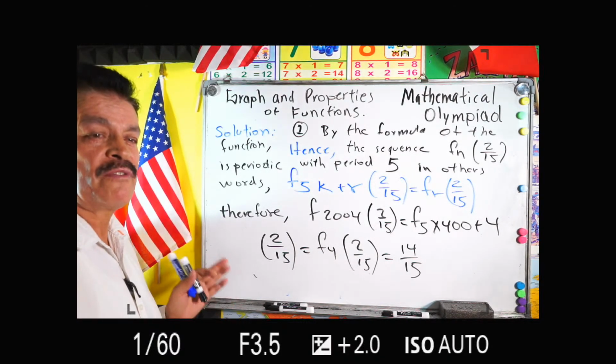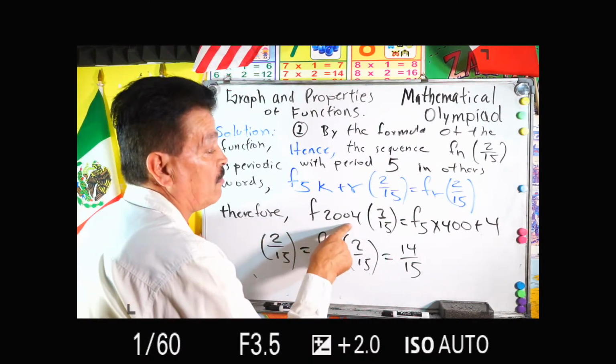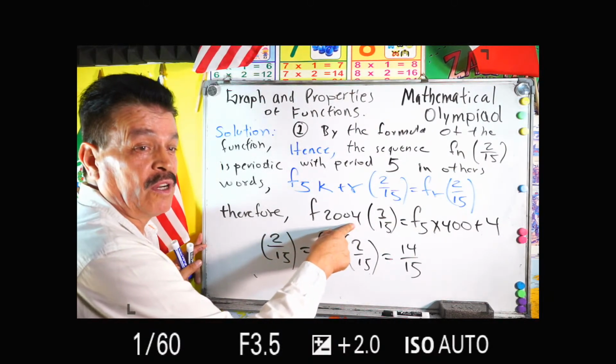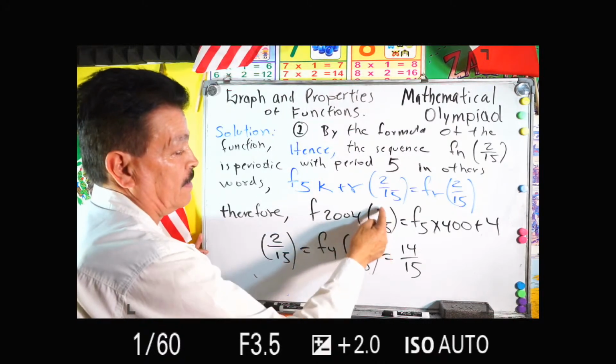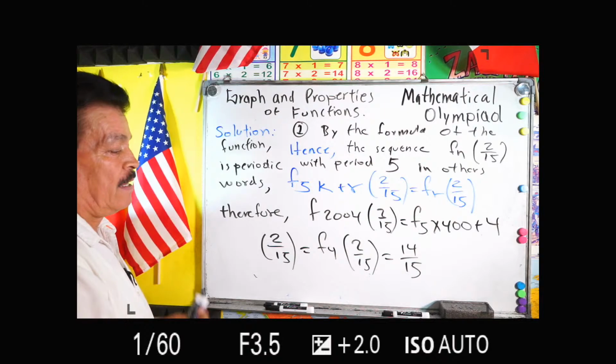The first question was find the value of f_2004 of 2/15. That was our first question, and this is the answer.